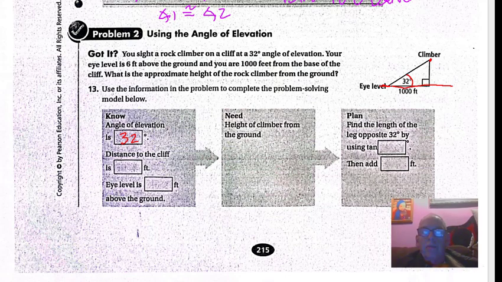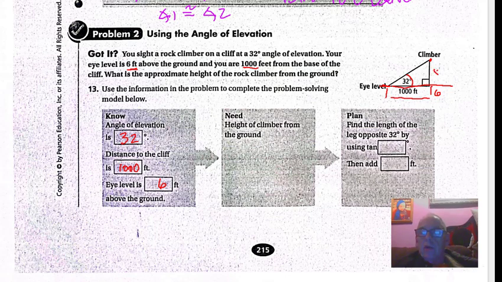From the problem or from the diagram, the distance to the cliff from the observer is 1,000 feet. And eye level from the wording is 6 feet off the ground. So I would actually kind of edit this diagram a little bit and add this part in here with a distance of 6.